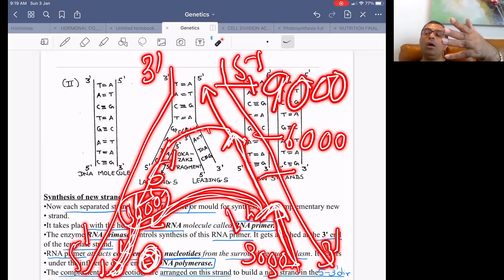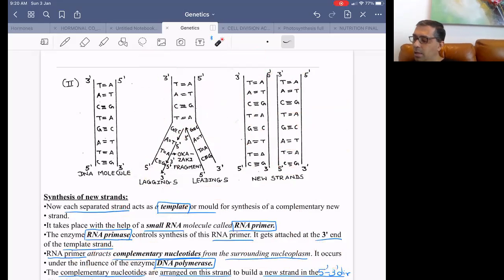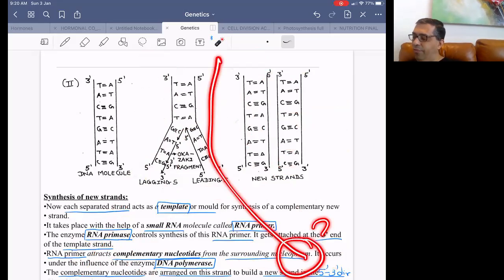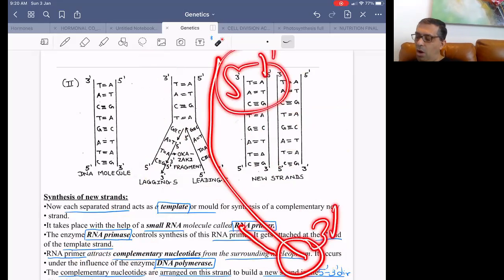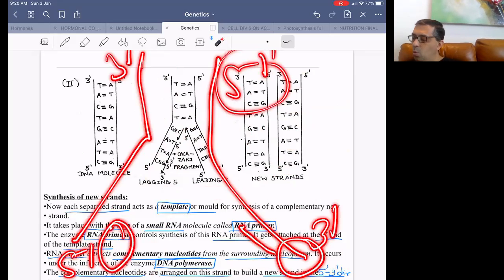So if you remember, around 3000 nucleotides is one gene. So here one gene from 3 end to 5 end, one gene. From 5 end to 3 end, no gene. One gene. Now, one gene is formed here from 5 end to 3 end.